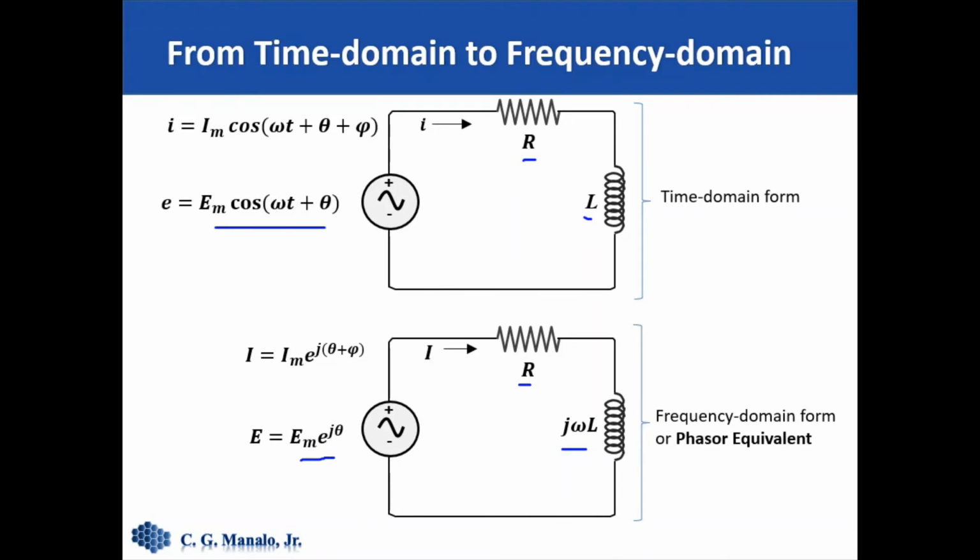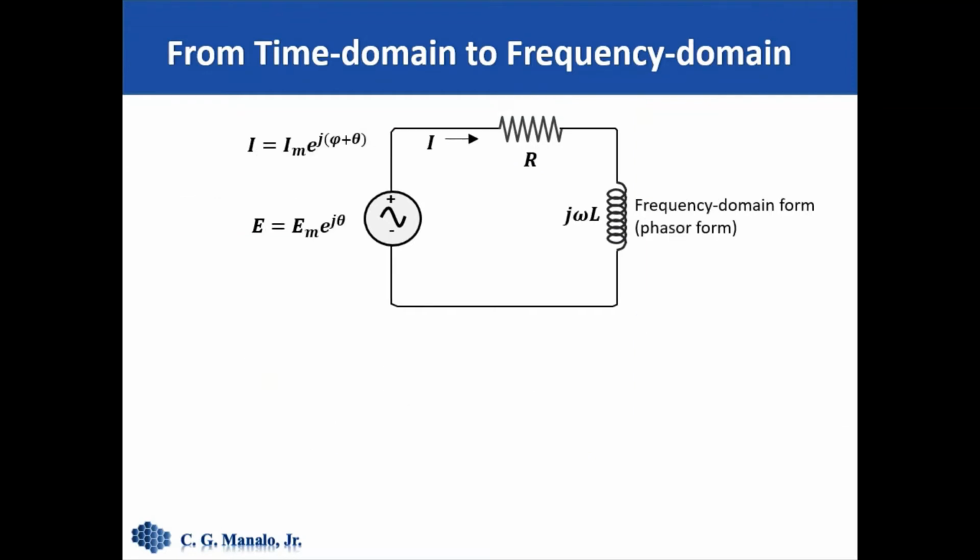Now, take note also that we have transformed the variables. So the response now is this one, which we simply write as capital letter I. So here is our circuit again in phasor form, or phasor equivalent.